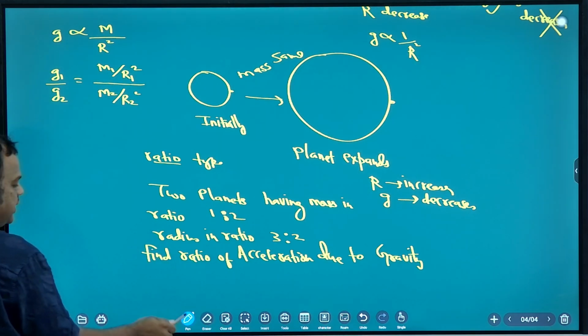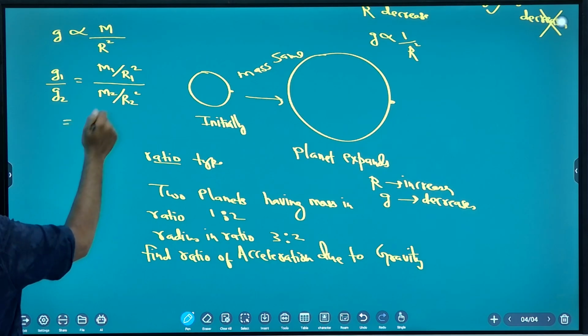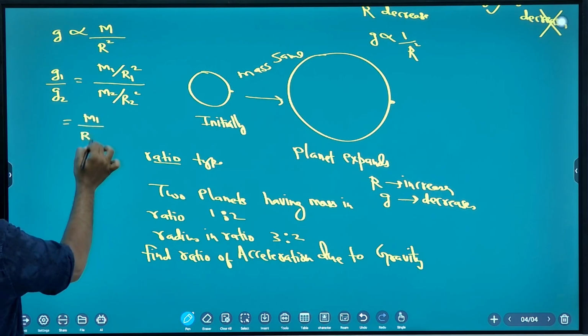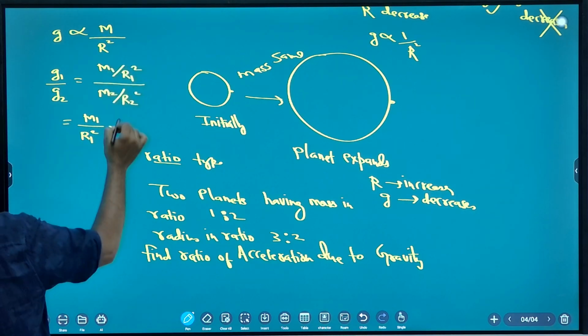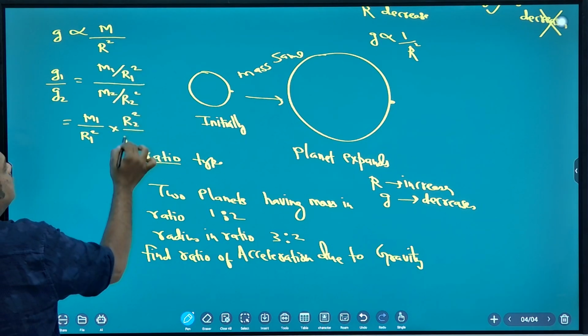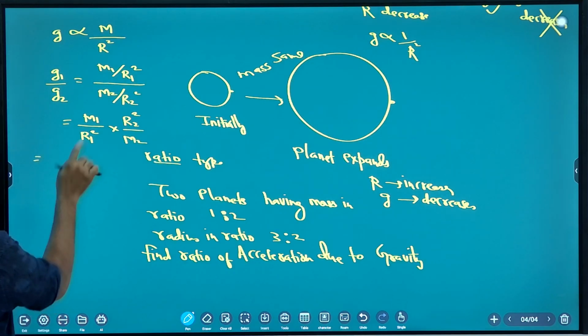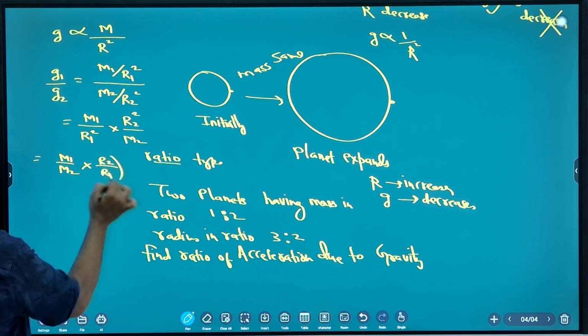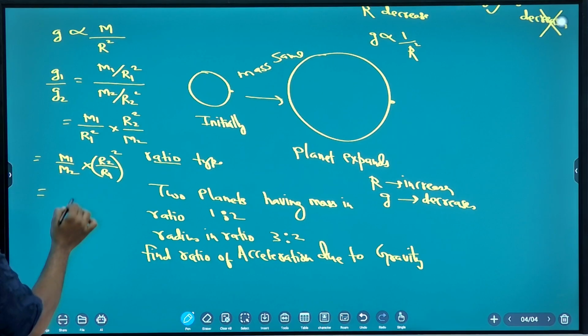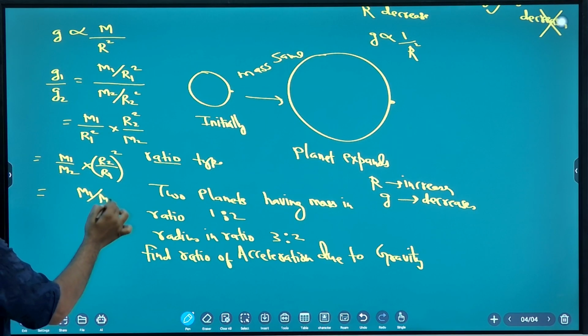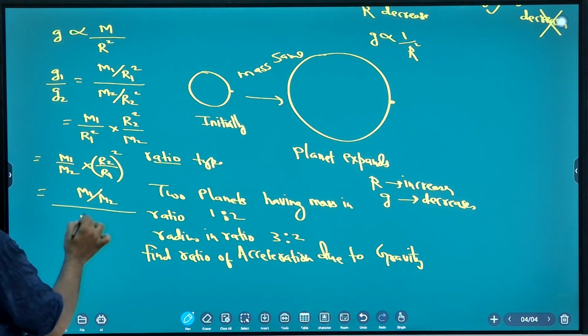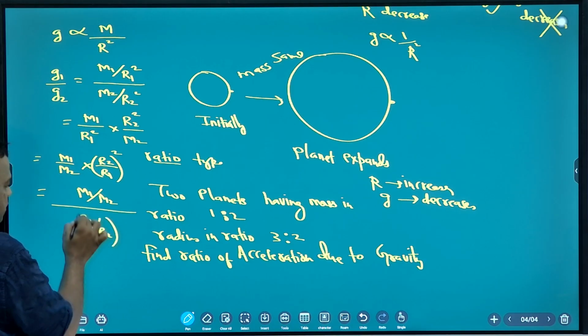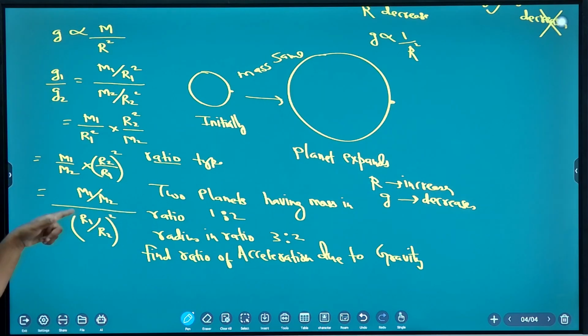You can write it like this: M1 by R1 square, this R2 square will go to the numerator, then this is M2. So this is M1 by M2, and this is R2 by R1 whole square. Or you can say M1 by M2 in the numerator and R1 by R2 whole square in the denominator. Like this also you can solve.